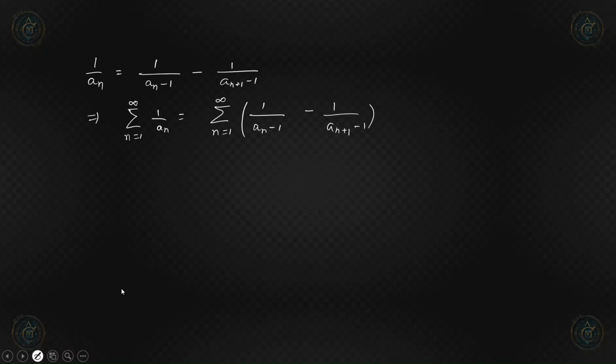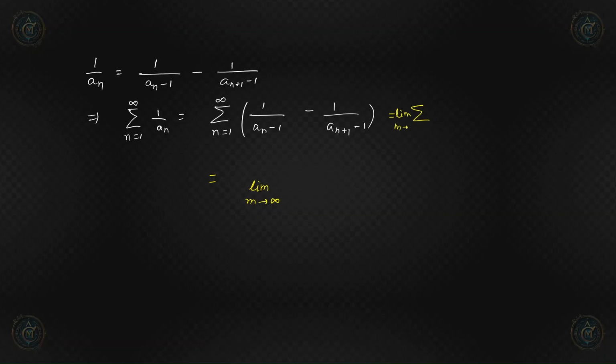So let us calculate this. This will be simply 1 divided by a1 minus 1 minus 1 by a2 minus 1 plus 1 by a2 minus 1 minus 1 by a3 minus 1, and so on up to, if we express this in terms of limit, limit m tending to infinity, so we are expressing this summation in terms of limit.